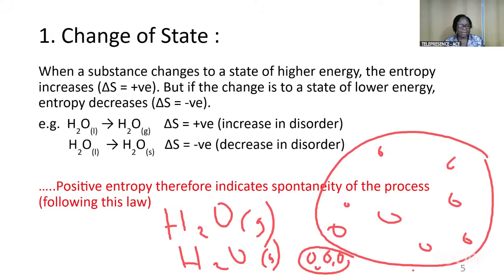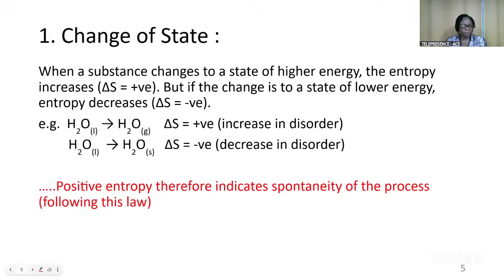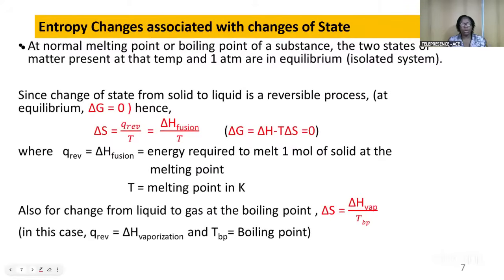And like I said earlier on, an entropy change that is positive indicates spontaneity. So that means the process will occur on its own without adding any external amount of energy.